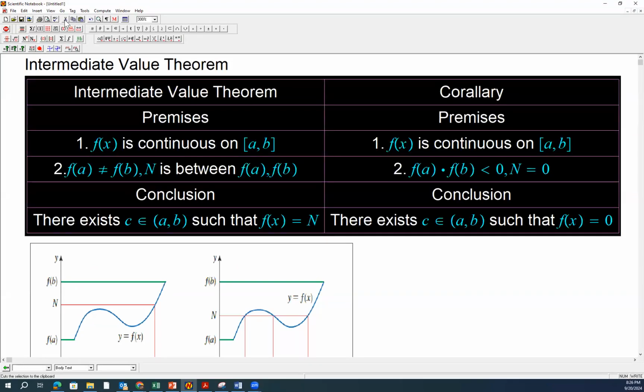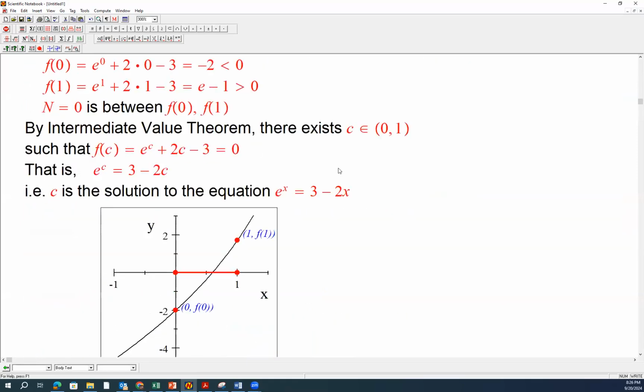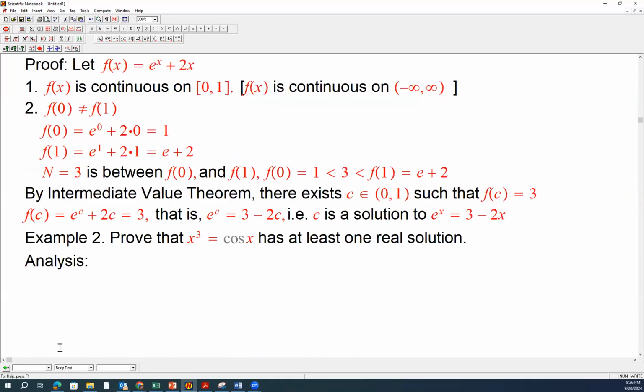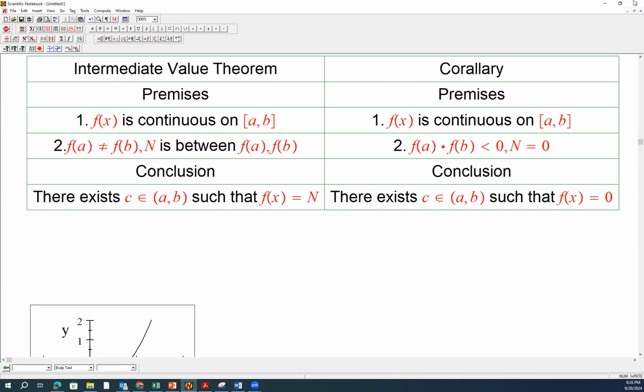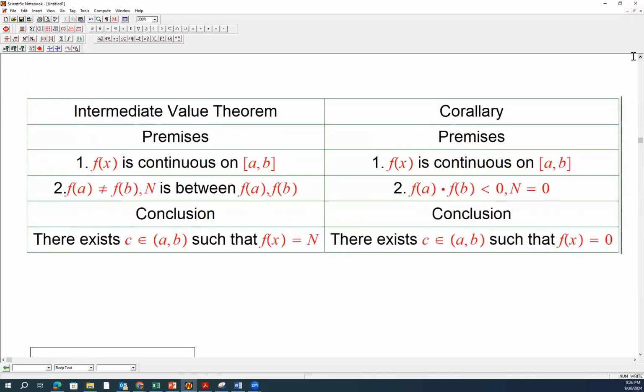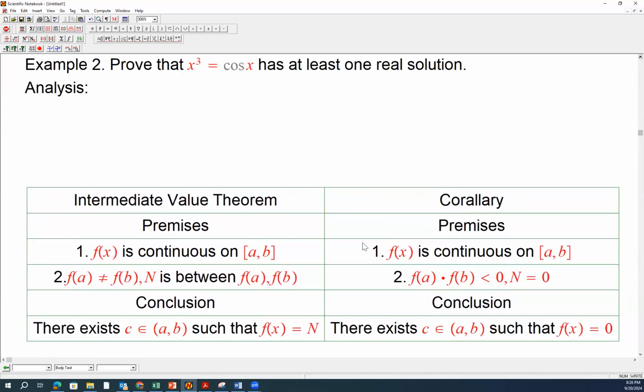Thank God I didn't delete it. Okay, never mind, we still have another one. So I put the theorem right next to us. In the analysis part, this is my scratch paper, and first I need to identify the function.